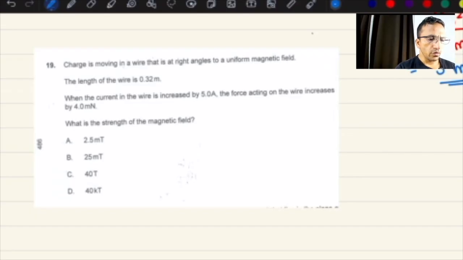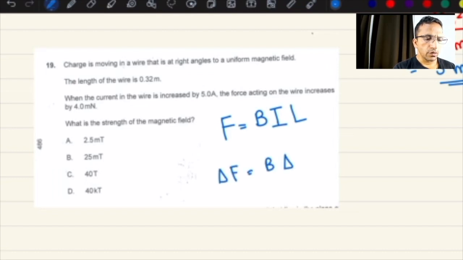Now we know the force on a current carrying wire in a magnetic field, when it's perpendicular to the magnetic field, is given by F equals BIL. We have to modify this a bit for the change of force due to change of current times L. So in this case, force increased by 4 millinewton. Okay, I am keeping it as 4. Current is 5.